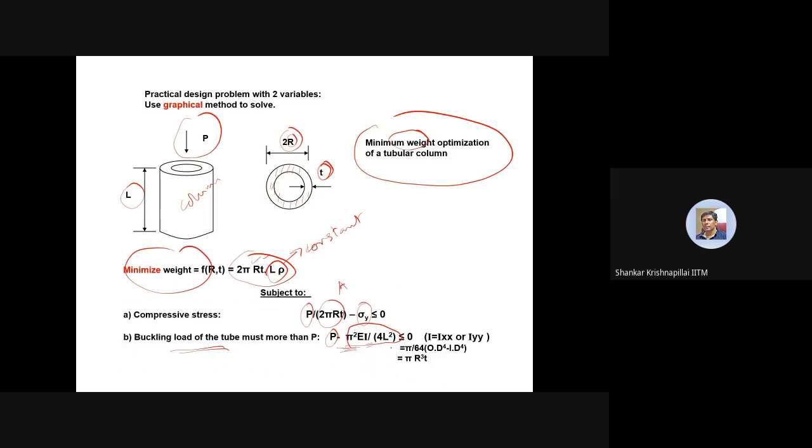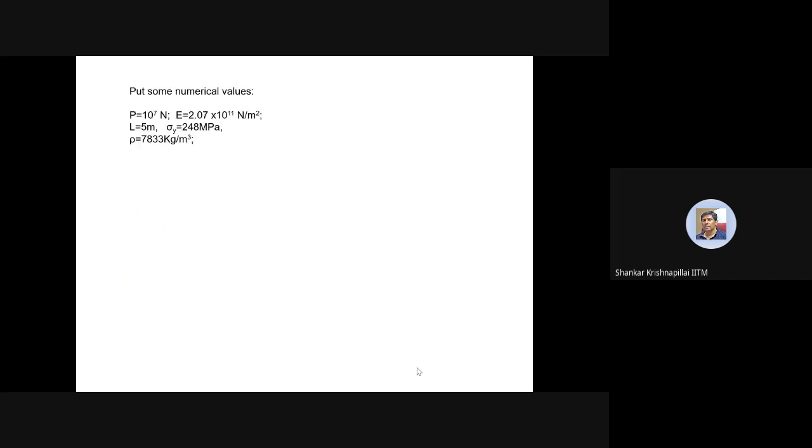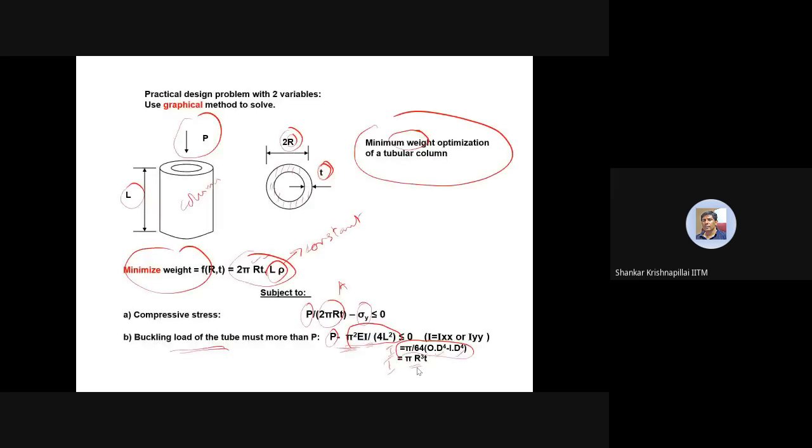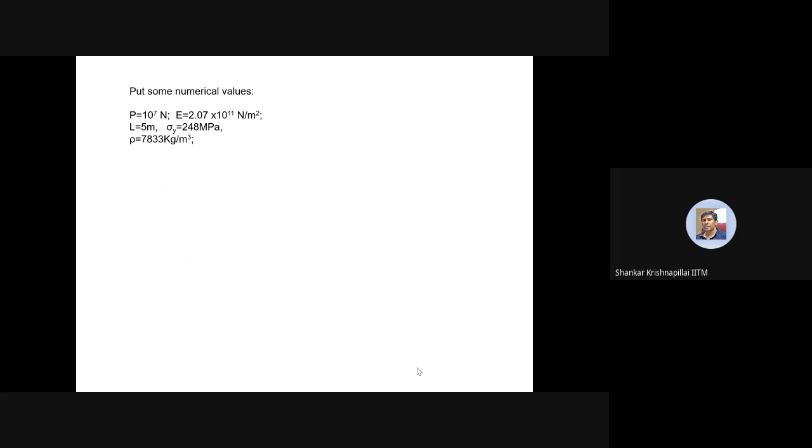The value of I for a tubular section is pi by 64 into outer diameter raised to 4 minus inner diameter raised to 4, and the value of I simplifies to pi r cubed t. So two constraints are there: compressive stress and buckling load. Now, as I told you, P, L, rho, E, sigma Y are all constants, so the values are supplied to you.